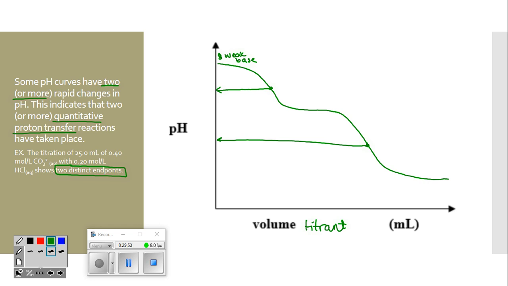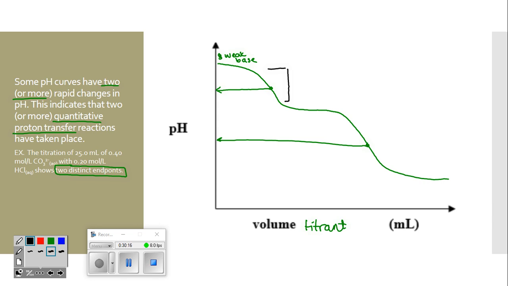Now, a lot of the time, what you'll have to do isn't predict the pH, but rather read the pH off of a graph. So be able to determine by looking at a graph where the endpoint is. Now, when I'm looking at the sharp change in pH, I'm saying that about that is the sharp change.